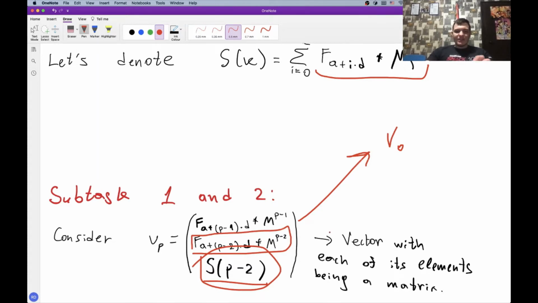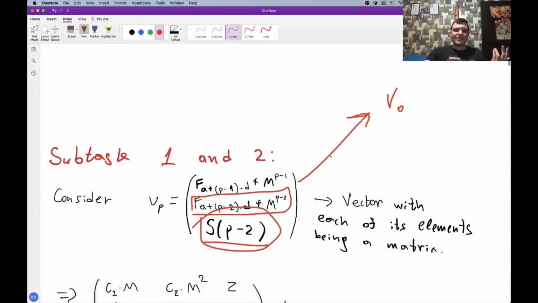So the main idea is that we want to easily get v of n, because n is very large, and we just want to compute this thing pretty fast. And the trick we are using here is that every element of V will be some matrix.